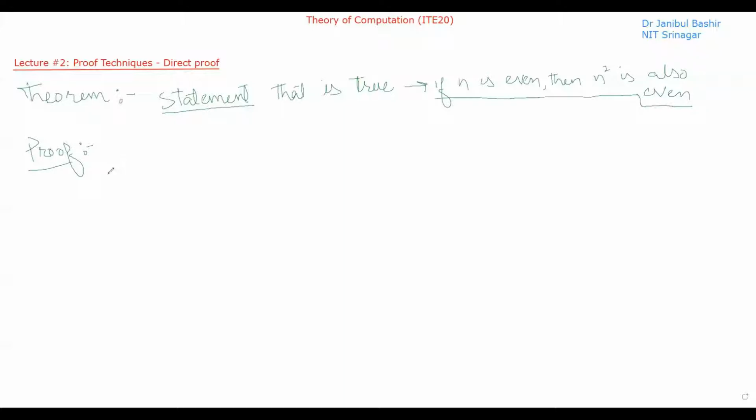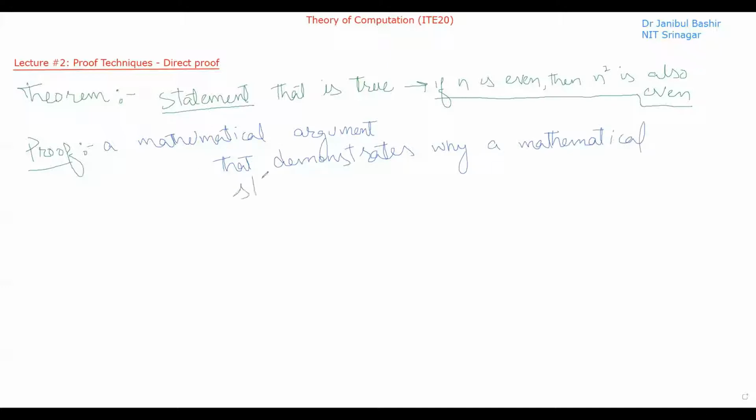We can say a proof is a mathematical argument that demonstrates why a mathematical statement is true.